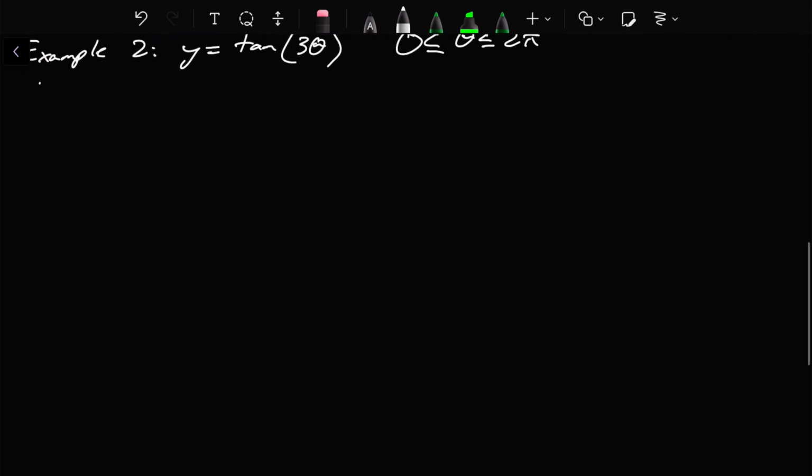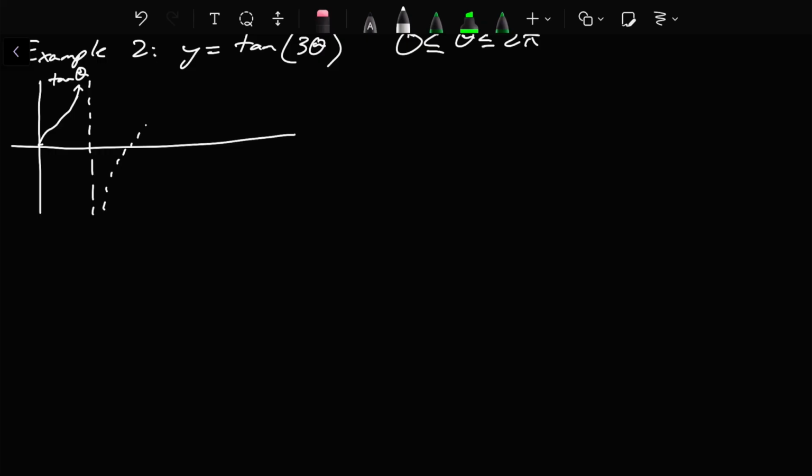We know that tangent kind of roughly looks like this when we start anyway. This is tan theta. It kind of looks like this, and it's got asymptotes here. Ugh, this shouldn't be dotted. It should be just like this. Where are these asymptotes? Well, they're at pi on 2. It's where tangent is undefined.